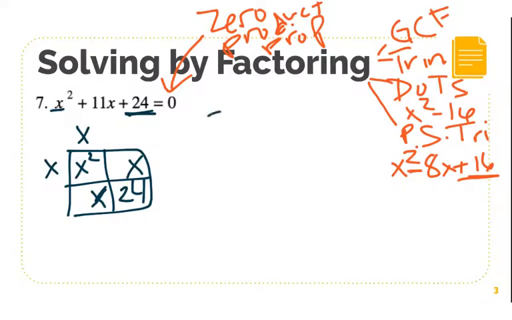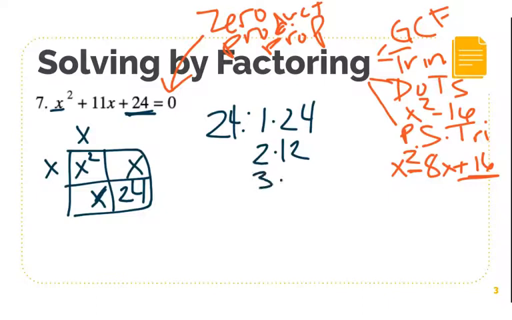And then 24, I've got 1 times 24, 2 times 12, 3 times 8, yes, 4 times 6, and the next one would be 6. And because of that repeat, if I go in order, like 1, 2, 3, as soon as I see a repeat, I know I found all of the factor pairs.